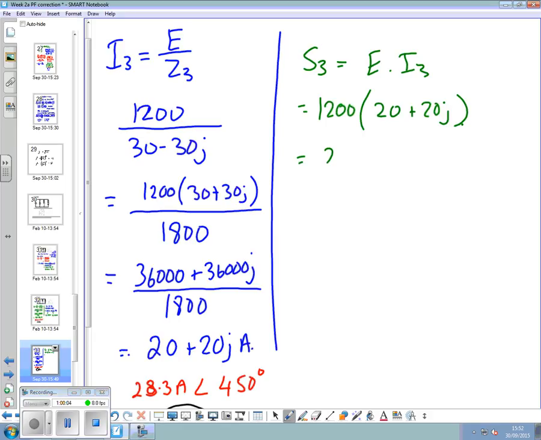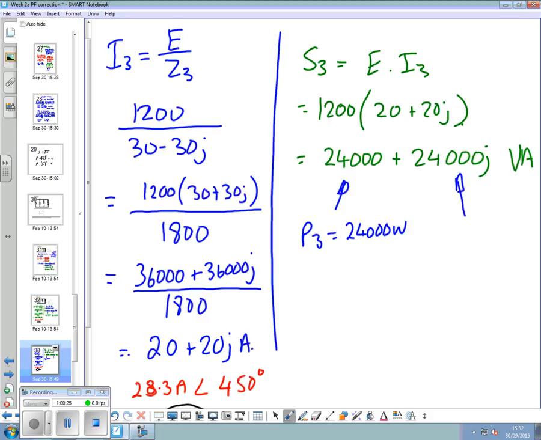That's 24,000 plus 24,000J VA. And this bit is P3 equals 24,000 watts and Q3 equals 24,000 var. Yep.